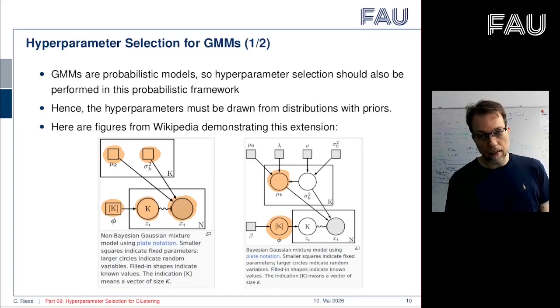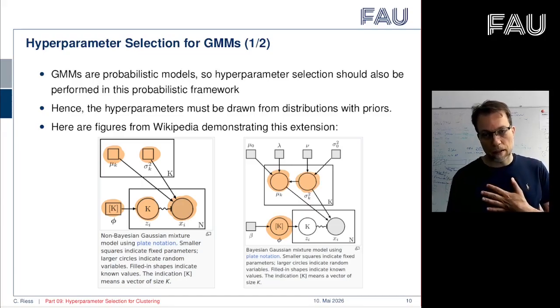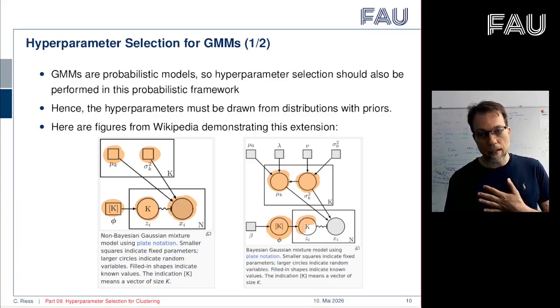The means and the standard deviations, or covariances actually in a multidimensional case, are variables, so they need priors, again prior distributions, which here is denoted as mu0, lambda, nu, sigma 0.